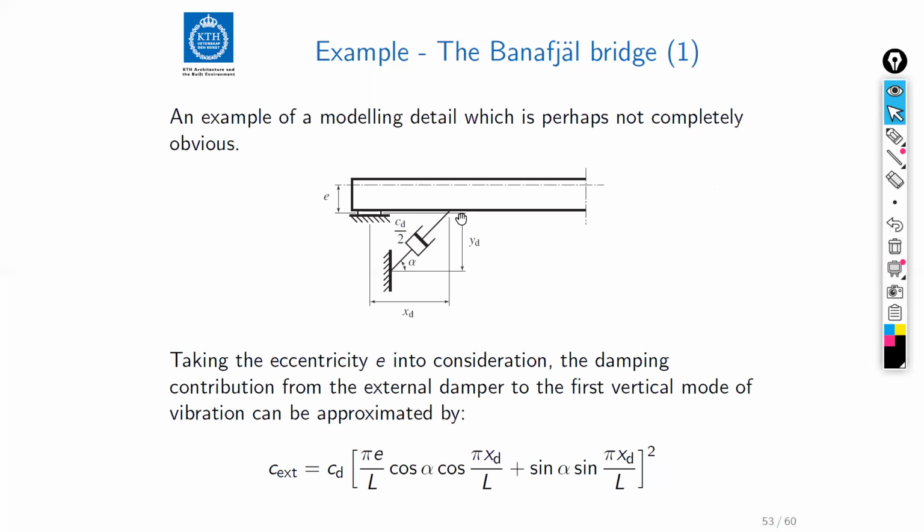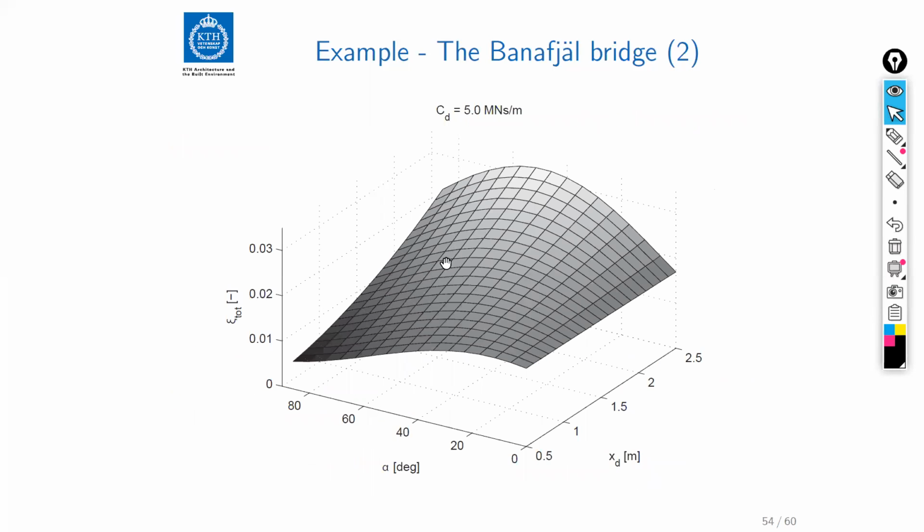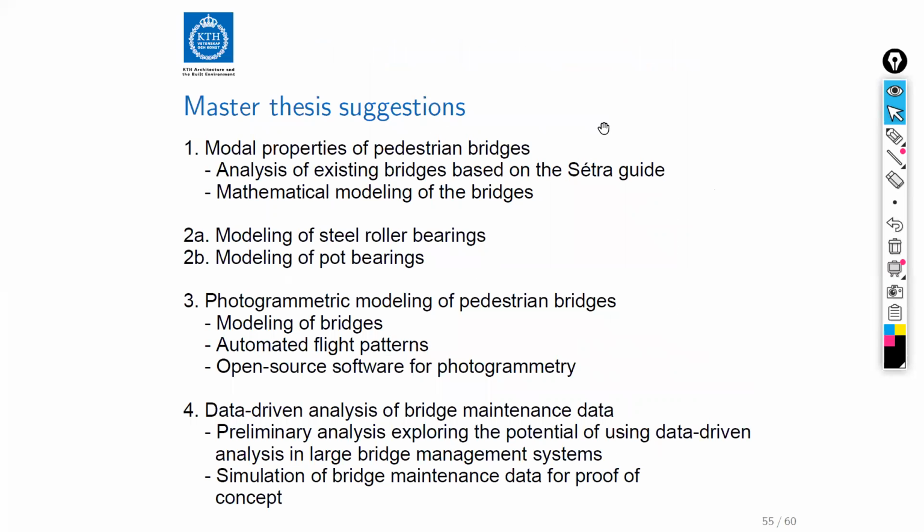So you don't even need to take any space from the free space underneath the bridge. So with this type of device, here's one example, and in this particular case we can get twice as much damping easily. And then of course we could get even more if we play around with the geometric parameters here, but this is a much more robust way of introducing extra damping in a pedestrian bridge like that.